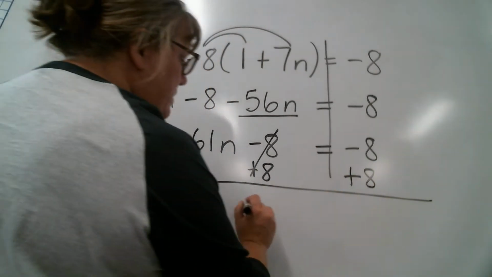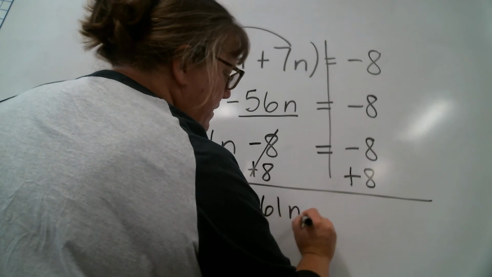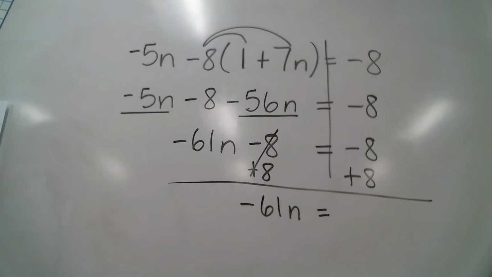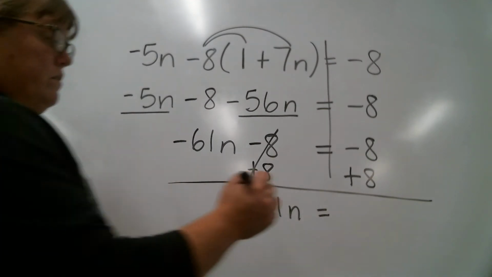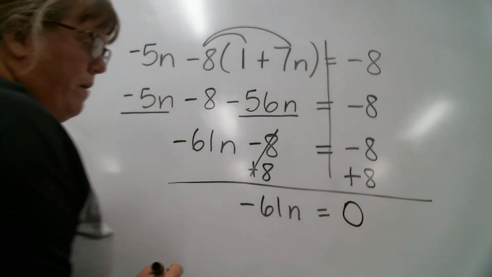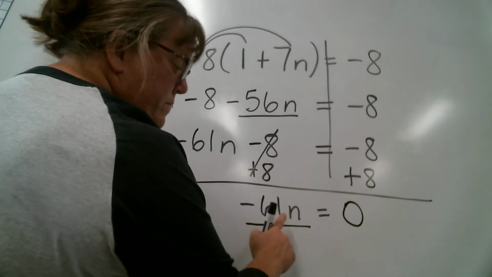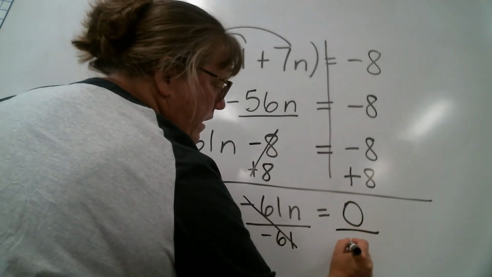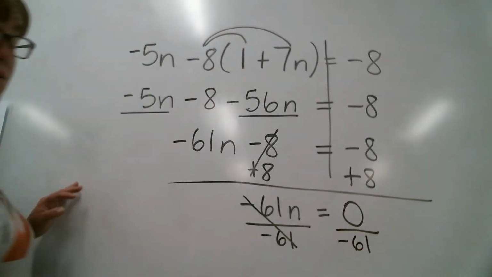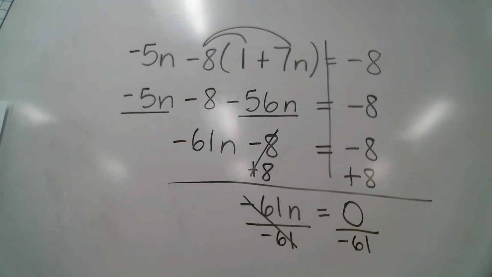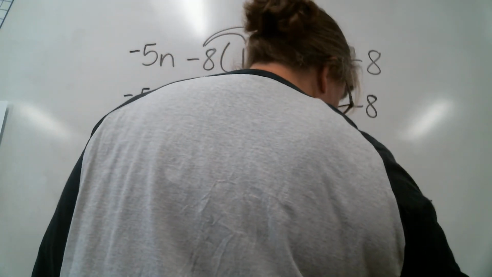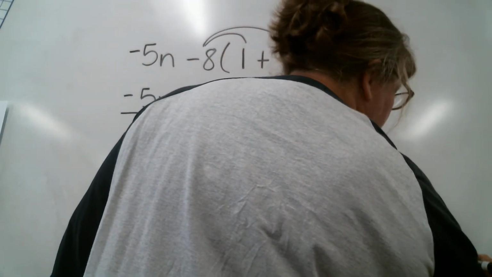I have -61n, and I've got -8 plus 8 over on the other side, which is 0. So what ends up happening, I've got to divide by -61 to cancel that out. Well, 0 divided by anything is always just 0. So the answer to this is just going to be n equals 0.